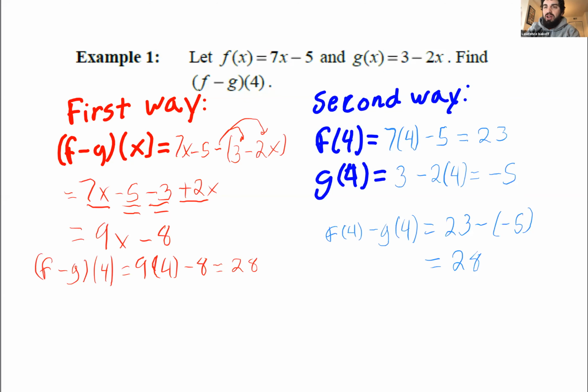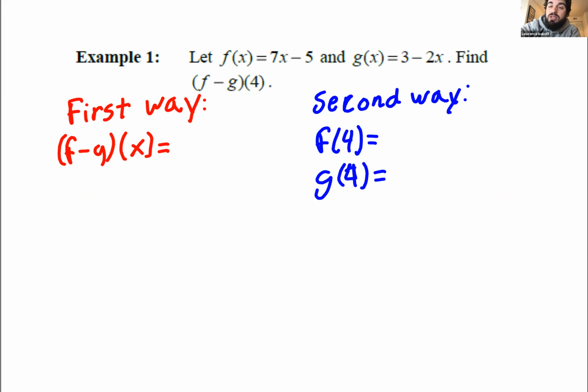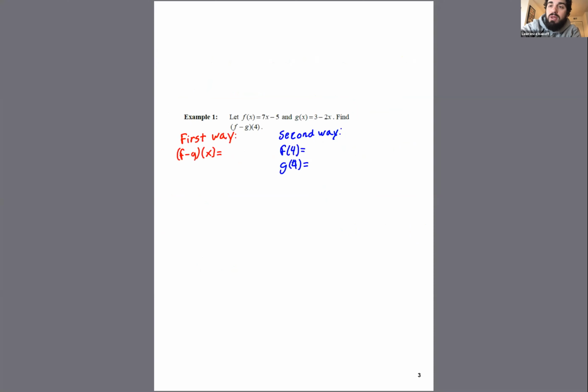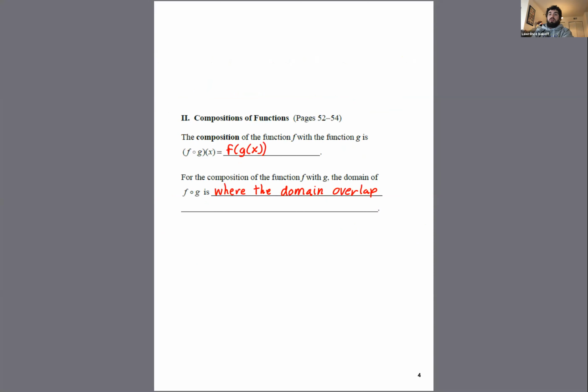Whereas if I needed to do f minus g of 4, f minus g of 5, f minus g of 6, it's one of those things where you'll just have to keep plugging in multiple times. So let's clear that. I'm not seeing any questions popping up, so let's move on to the next part.